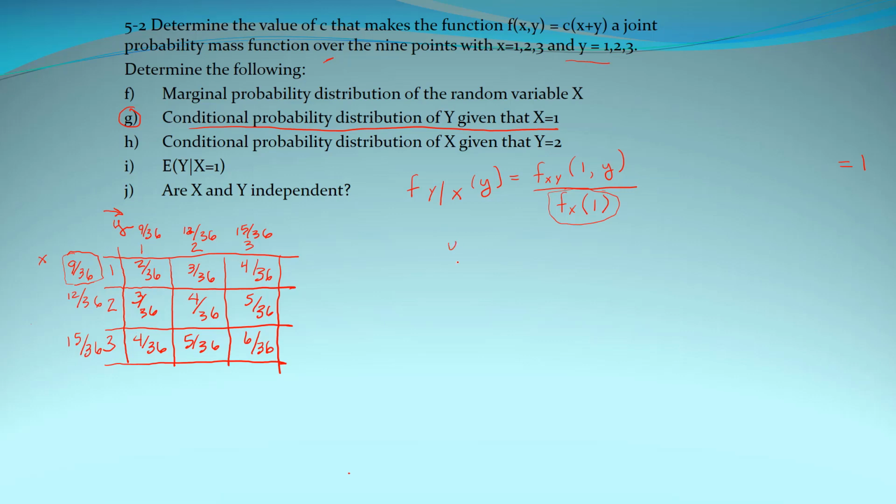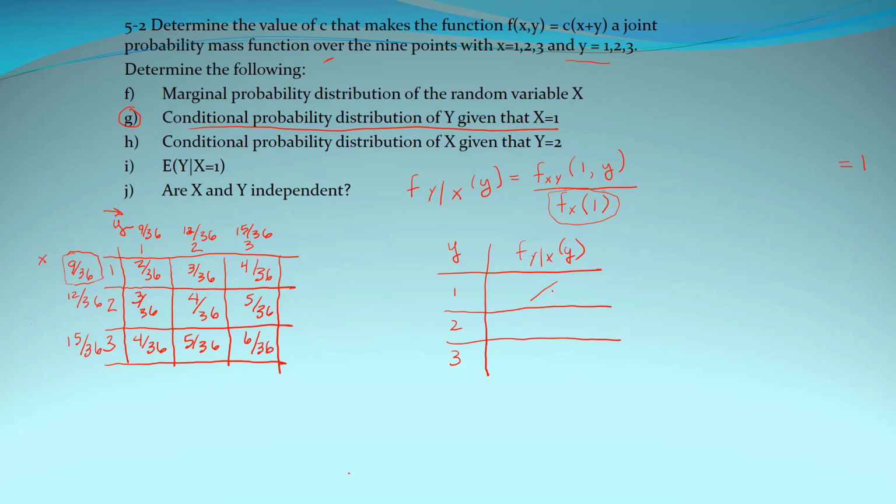So we can calculate, well, let's make a little table here. We'll say y and f of y given x, right? So we calculate it out for 1, 2, and 3. So we know that underneath, we're just going to use this formula up above here.